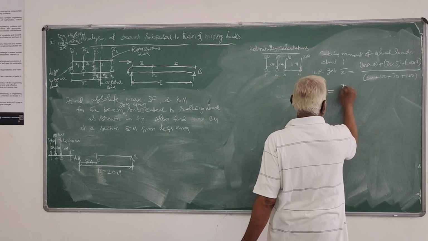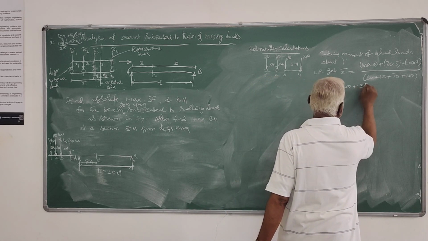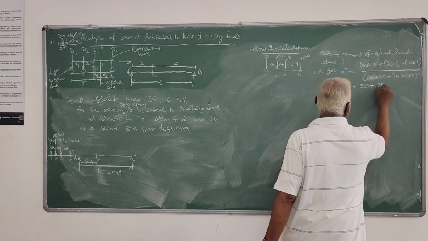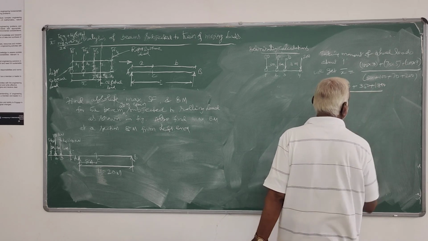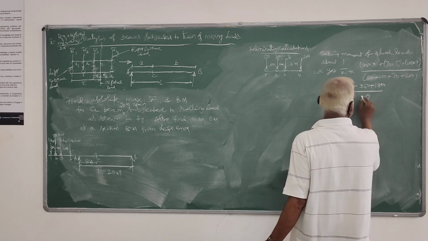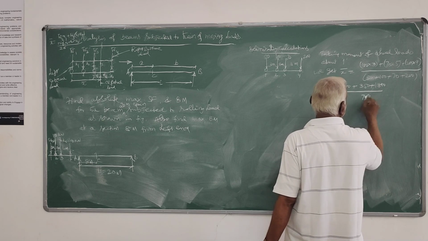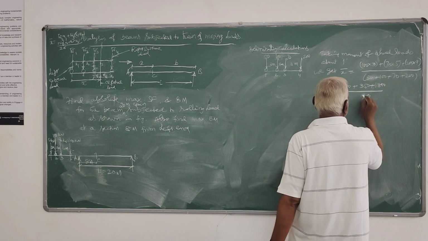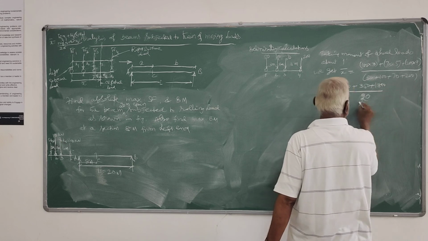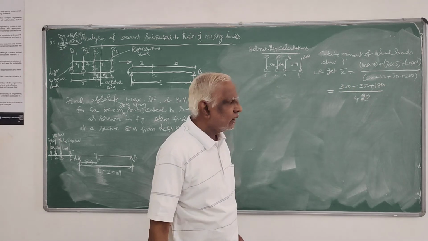So this is nothing but 300 plus 350 plus 1800, divided by 420, which is the total load.